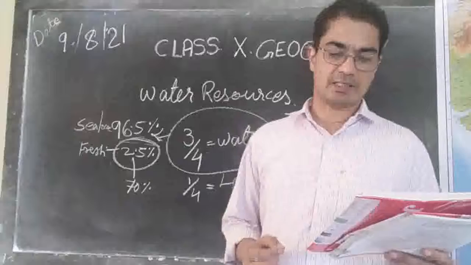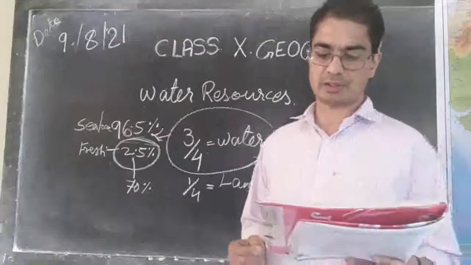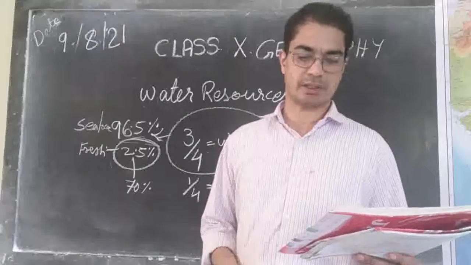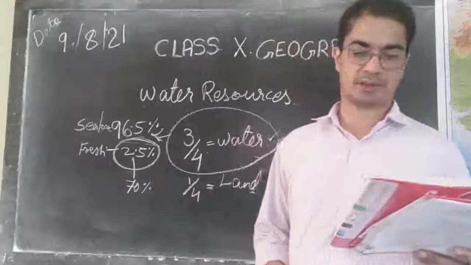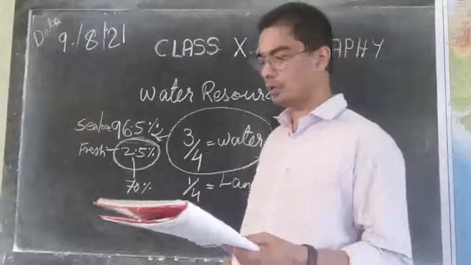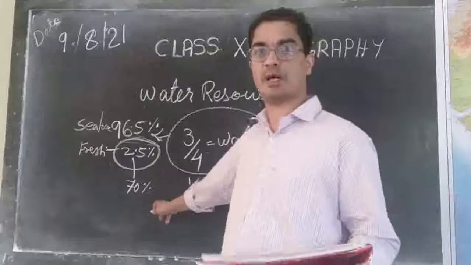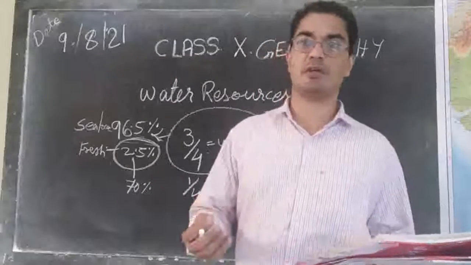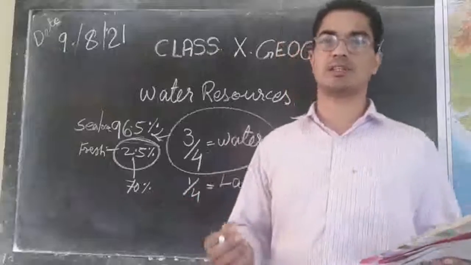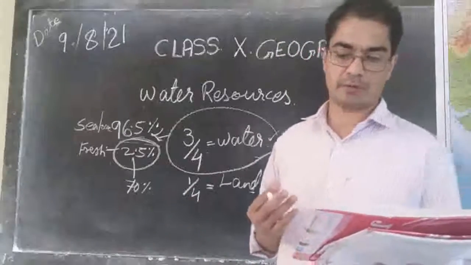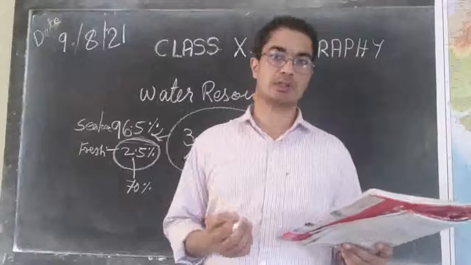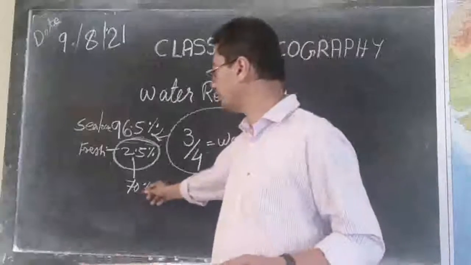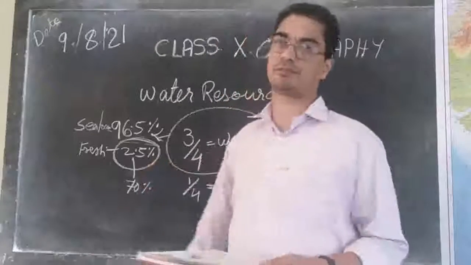And a little less than 30% is stored as groundwater in the world's aquifers. So 70% is in the form of ice, and the rest is available in the rivers, groundwater and so on. So they are available to us only just 30% of the fresh water.